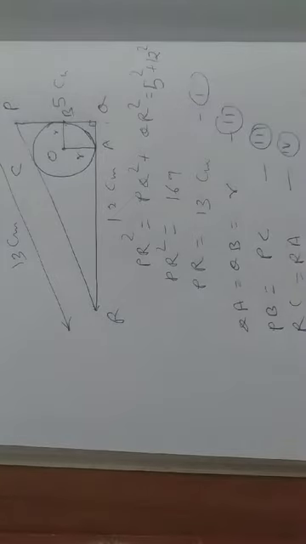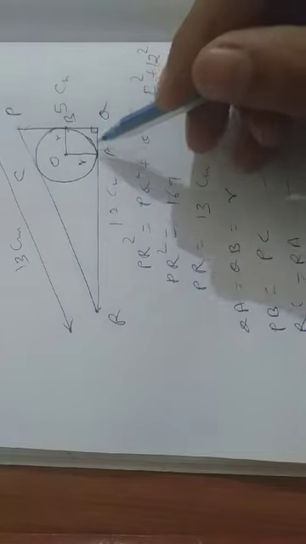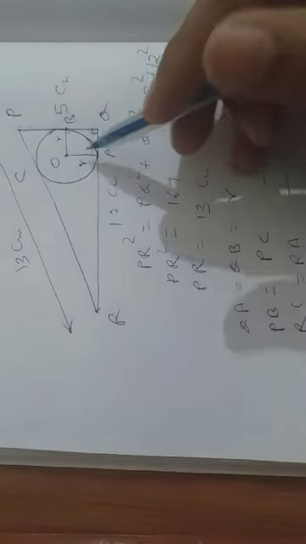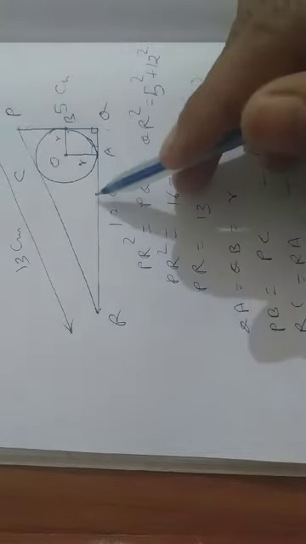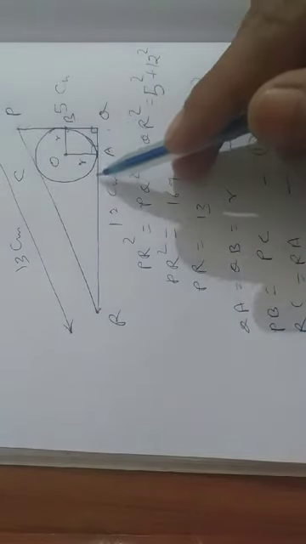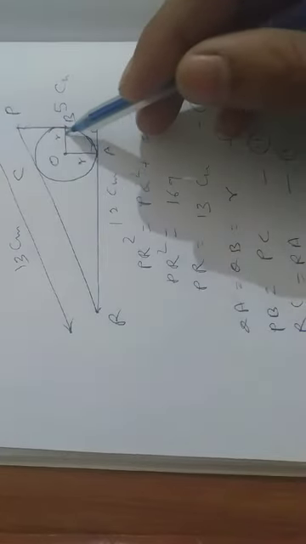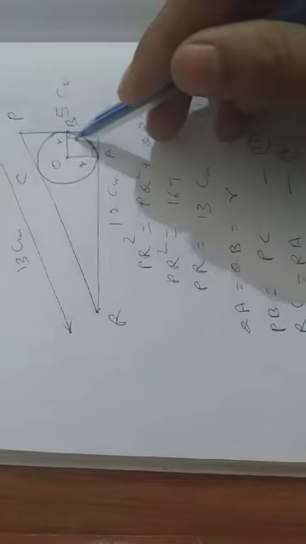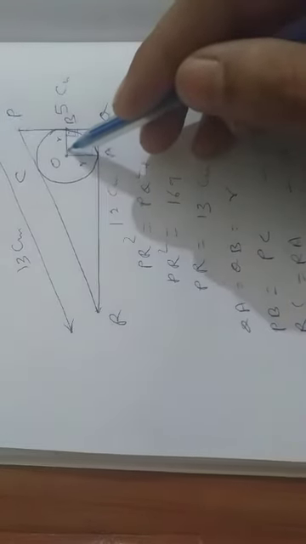From this figure, this angle is 90 degrees, because the radius passing through the point of contact of the tangent and circle is at 90 degrees to the tangent. So this angle is 90 degrees, this angle is 90 degrees. This angle is 90 degrees as given, so this angle is also 90 degrees.